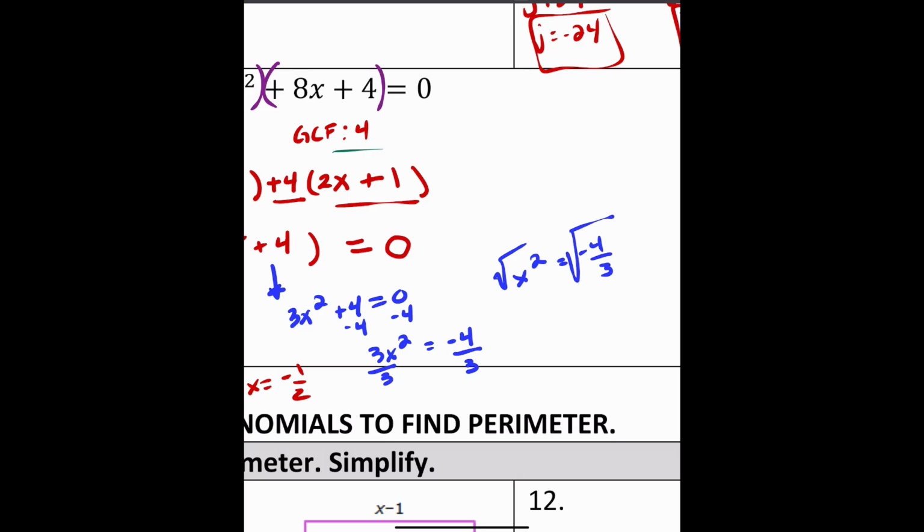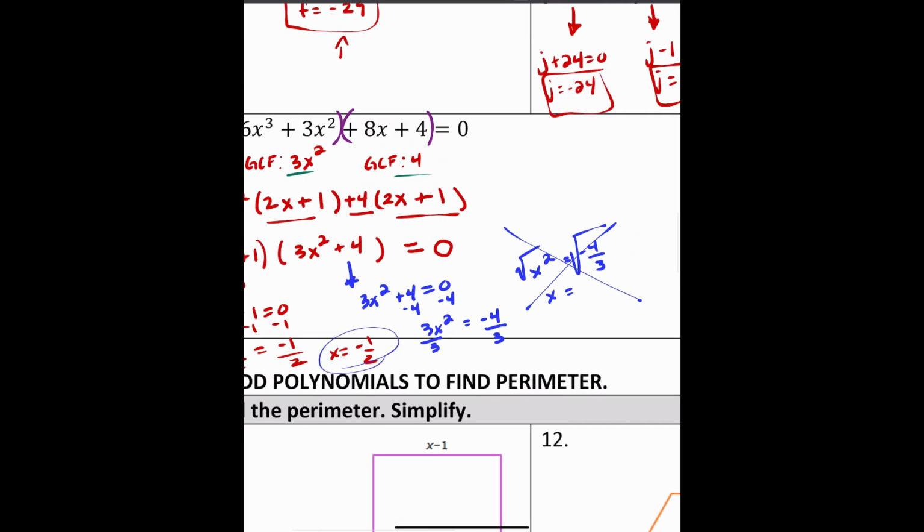Now, the square root of x squared is x. And then I have the square root of negative 4/3. Now, here's the problem. You can't take a square root of a negative number if we're talking about real numbers. So in this case, that is not your answer. The only answer that's real is negative 1/2.